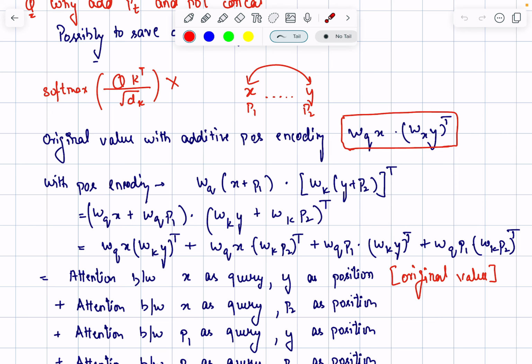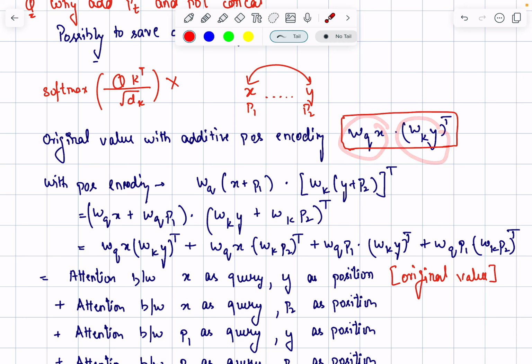So the original formulation with additive positional embeddings will be something of this sort: you have a query matrix and you have a key matrix also. This should ideally be k. Right, let me just correct it. So this should be k. You have a query matrix and you have a key matrix, and you multiply x with the query and y with the key.